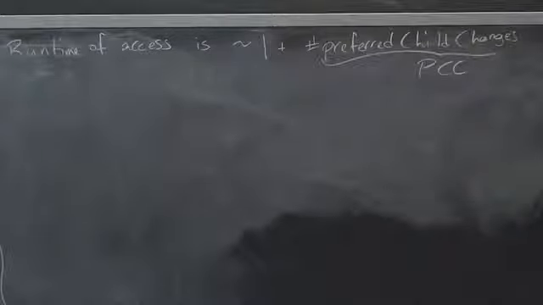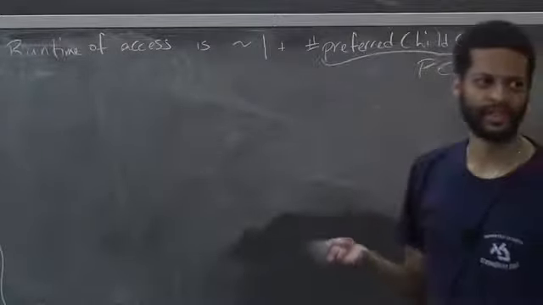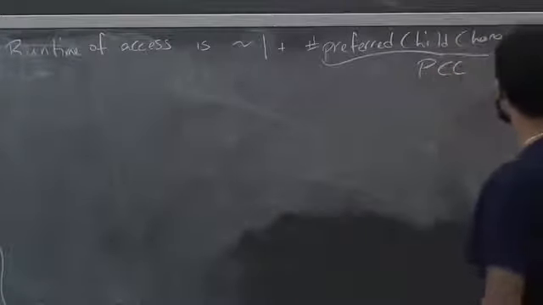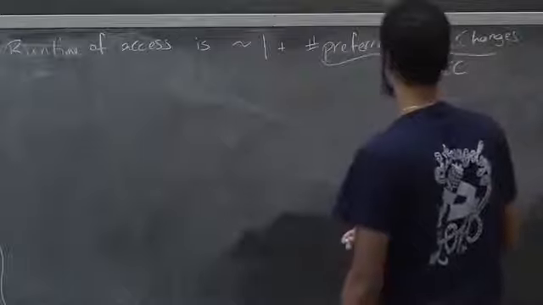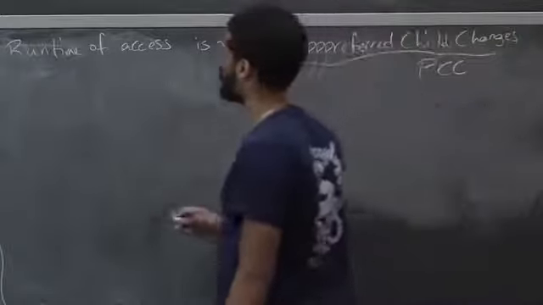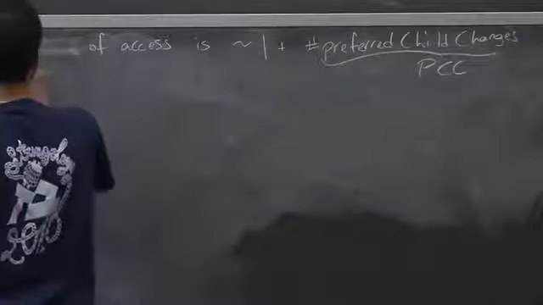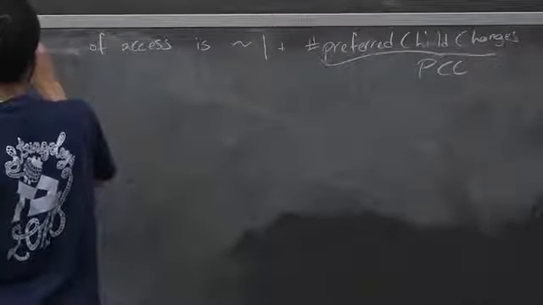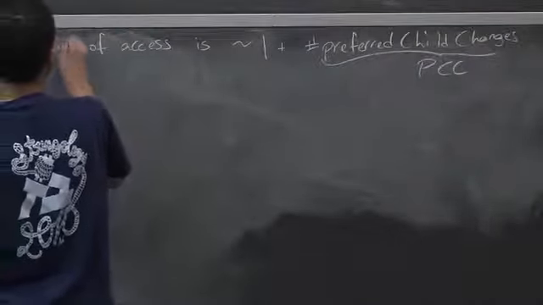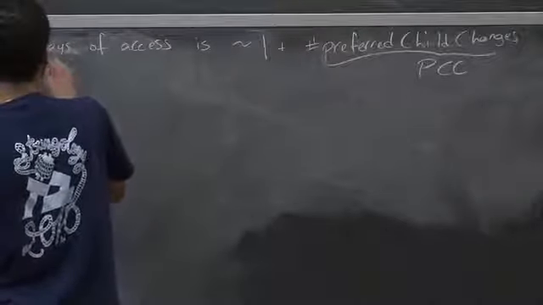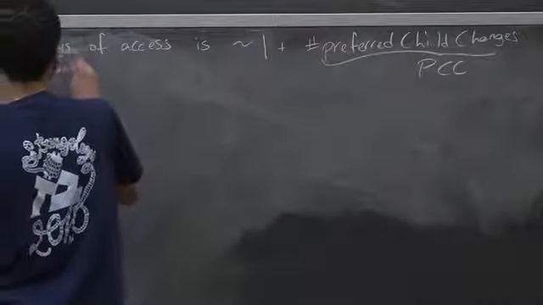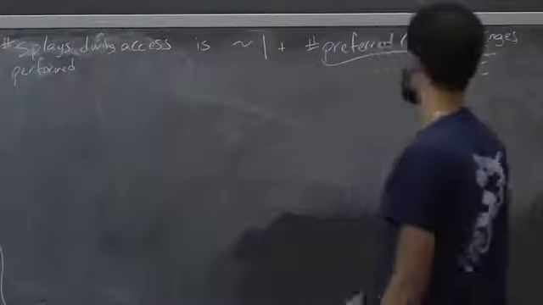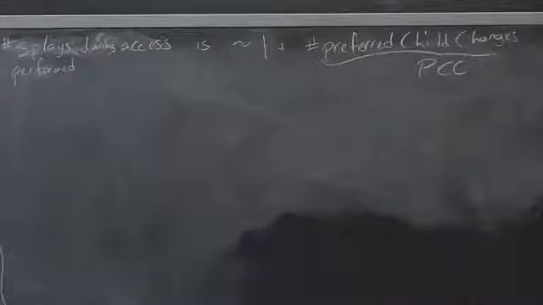Because we keep splaying v upwards in this tree of aux trees, right? And how many times do we have to do that? Not the runtime of access, but the number of iterations of, let's say, splays performed during access is something like that, right?